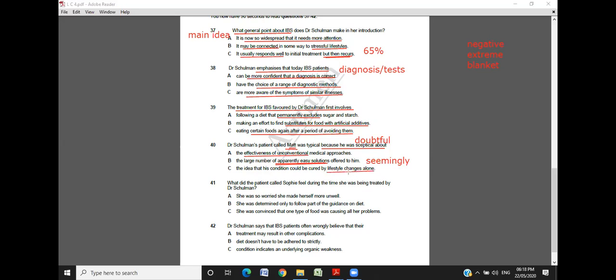See, alone here is also an extreme word. Okay, or you can also call it a blanket word. It can be cured by lifestyle changes, that is a different thing. And it can be cured by lifestyle changes alone, which means you don't need any other form of treatment. You can cure it only by following lifestyle modification.